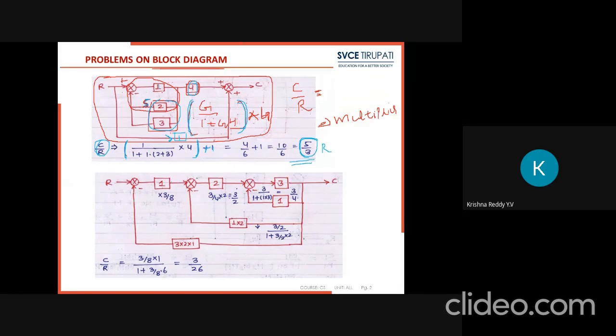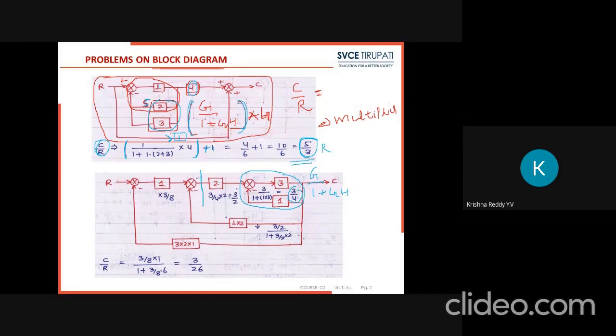Similarly, if you are seeing this problem, here 3 and 1. It is a closed loop control system. That's why G divided by 1 plus GH. After that, the resultant is in series with this 3 by 4 block.